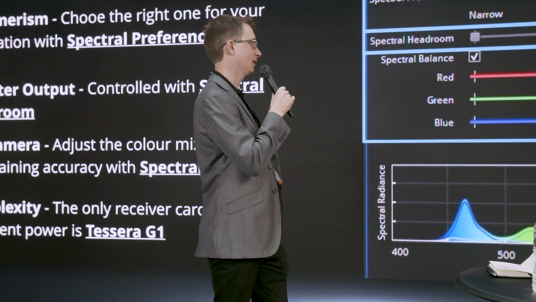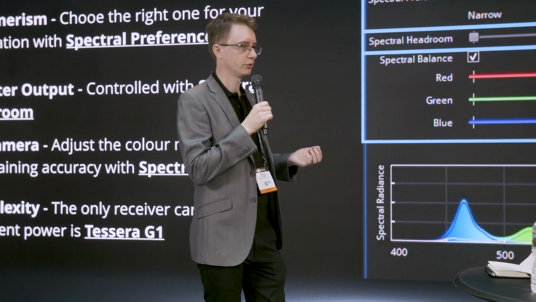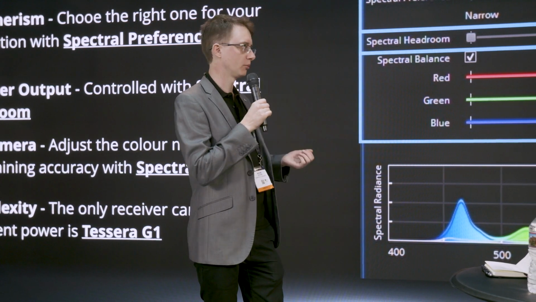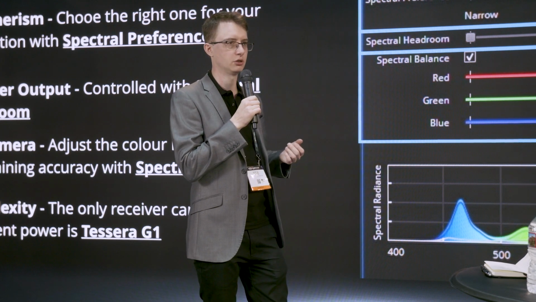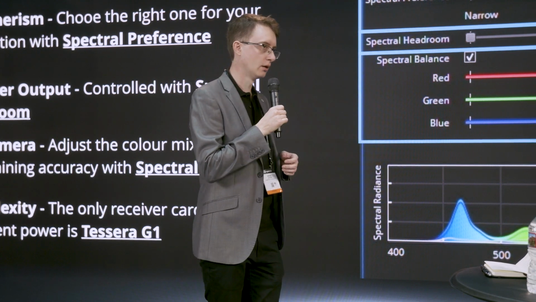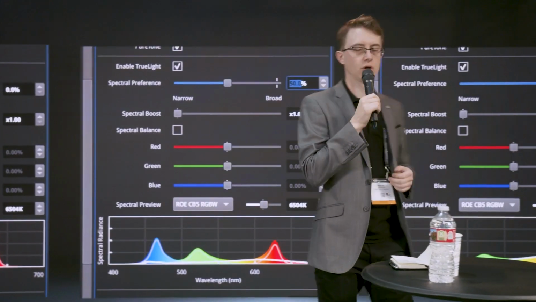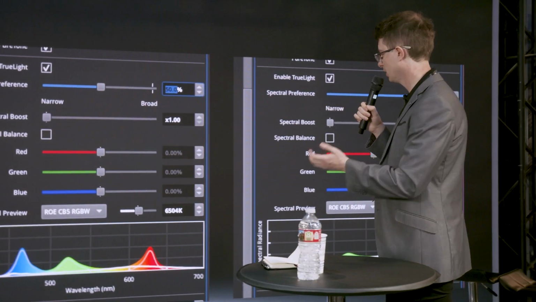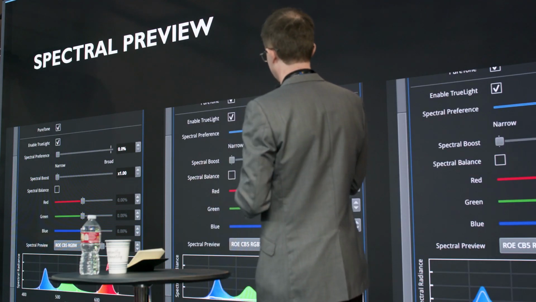We then have spectral balance, and this allows us to tune our white performance by adding or subtracting small amounts of RG and B to tell the system what the camera sees white as. To go alongside this, if we have a look at the next slide, we've got a dynamic user interface that really helps you to understand what's going on. So here, on the left, we've got spectral preference at 0.